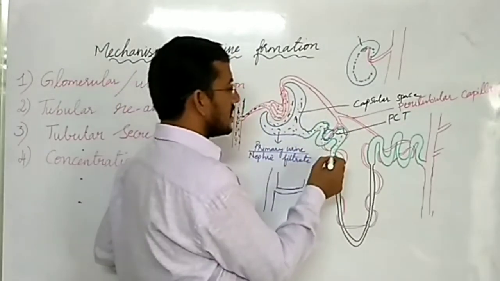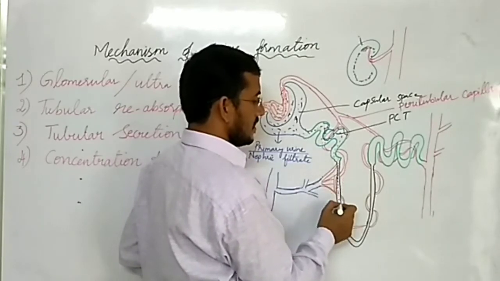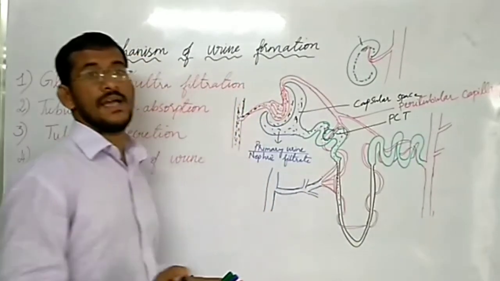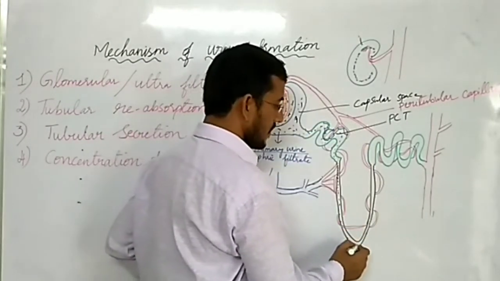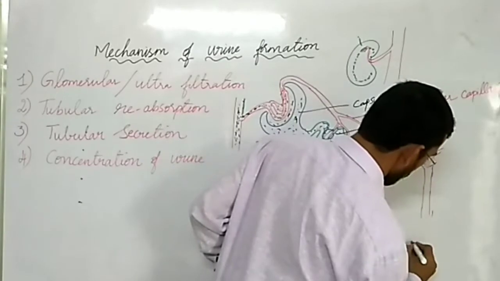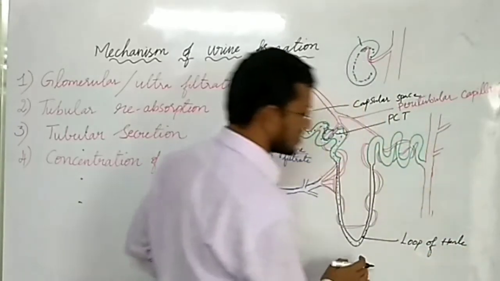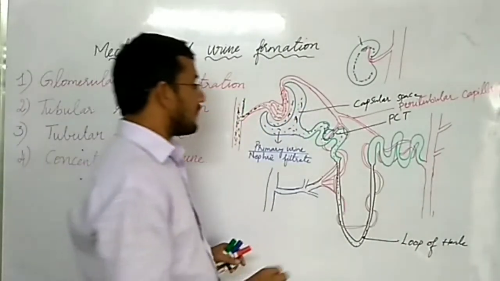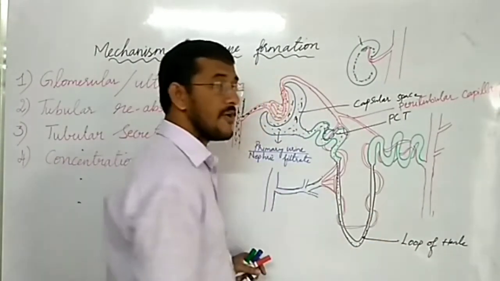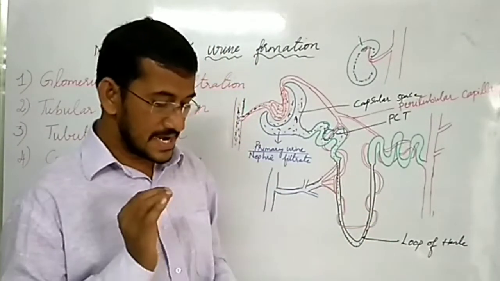From here, waste material enters from the PCT into the loop of Henle. In this loop of Henle, some ions are absorbed as well as 10% of water.